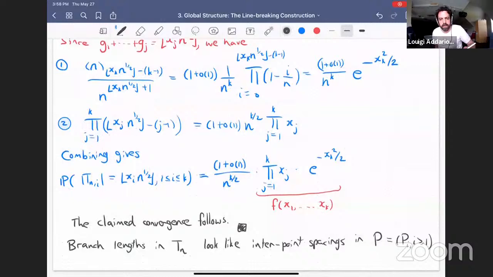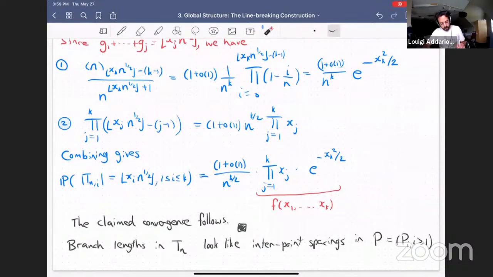Not seeing any questions for the time being. I want to say, right, what happens with the n to the k over 2 in the limit?